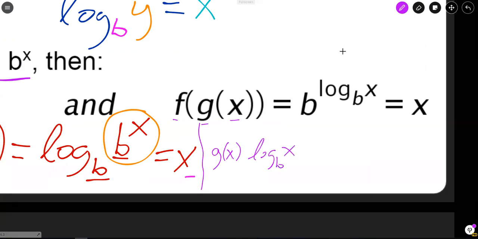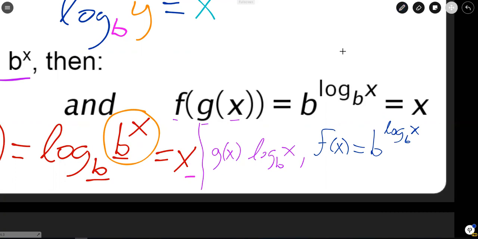And then that means I'm going to take that g of x and put it inside of the f of x. That means that f of x is going to equal b to the power of log base b of x.